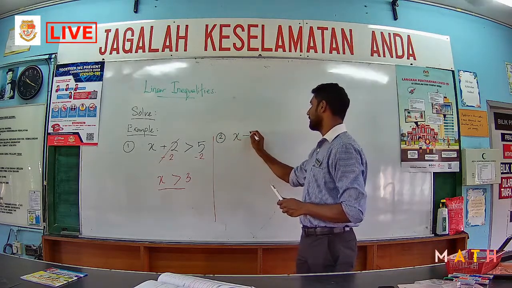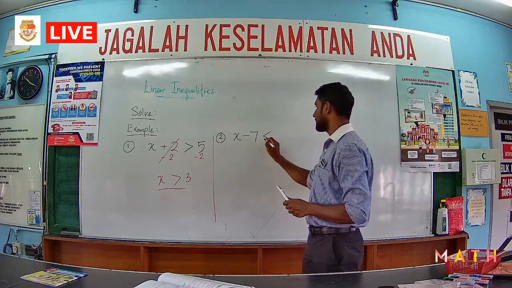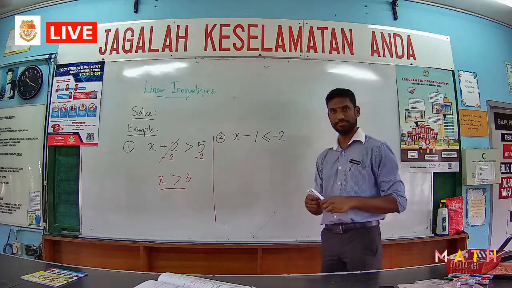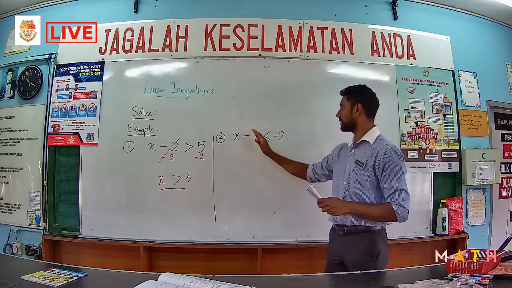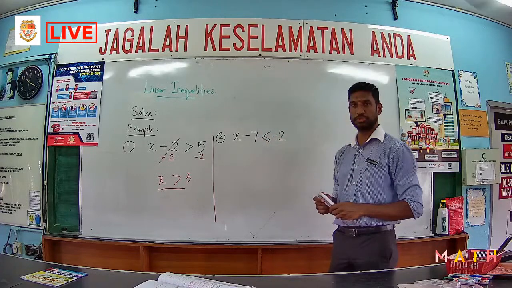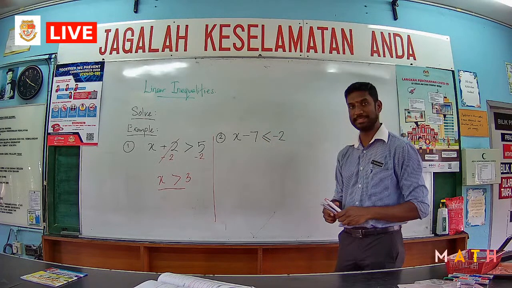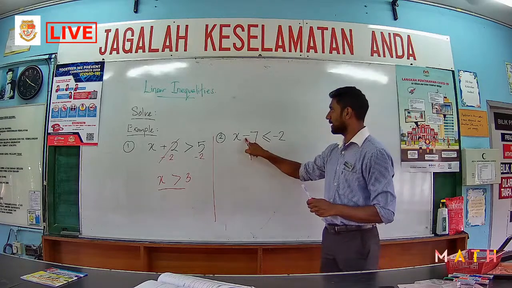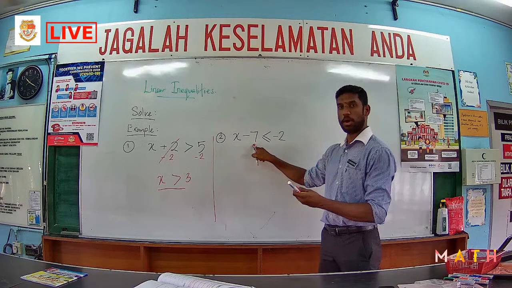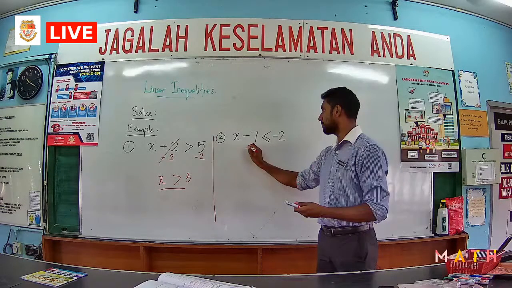x minus 7 less than or equal to negative 2. So how are we going to solve this? Again, the same idea. We have minus 7 here, so the opposite of minus will be plus 7.